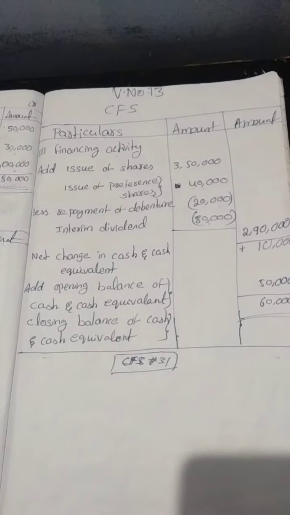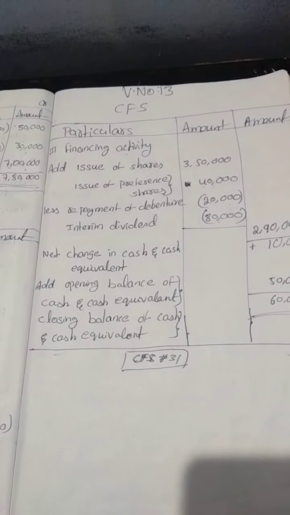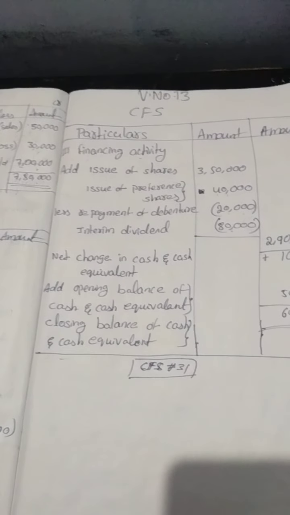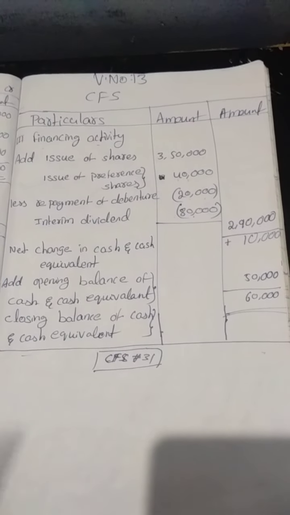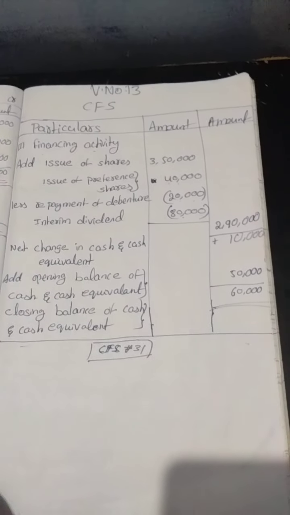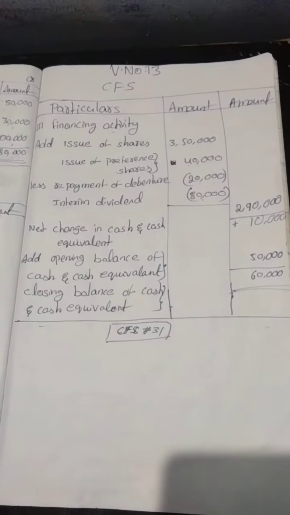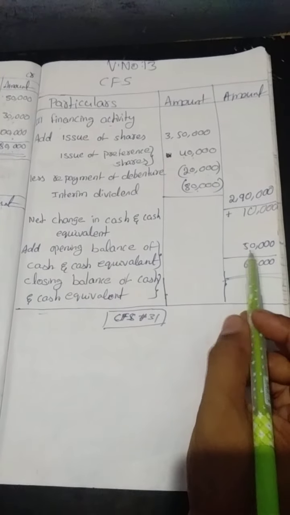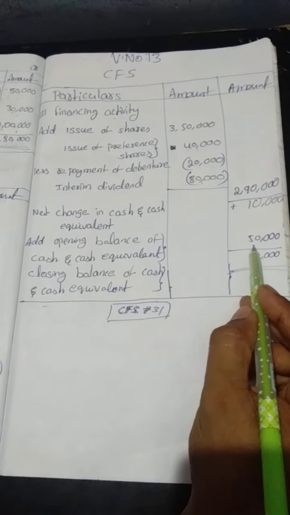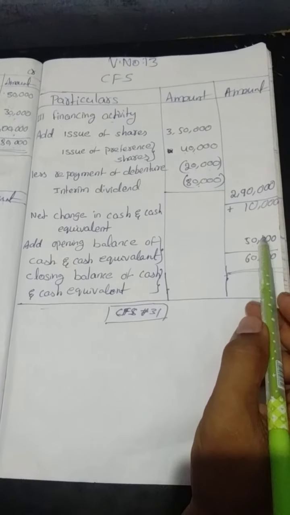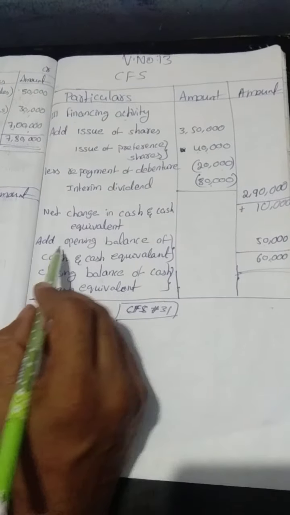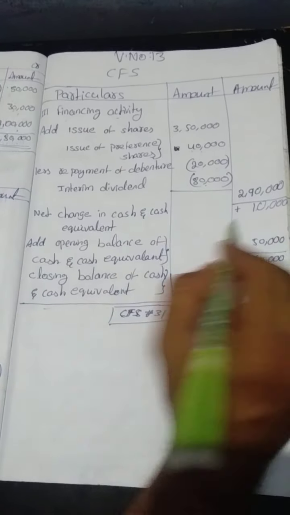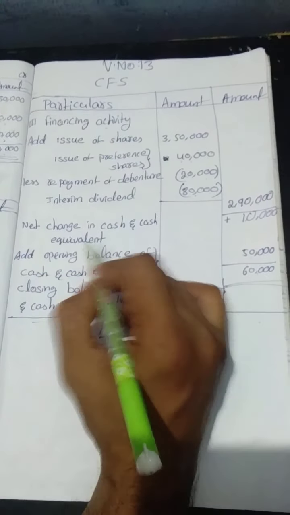In order to check the answer, we have one way. We take the opening and closing balance that we already saw. The closing balance was given in the question as 60,000, and the opening balance was 50,000. To check this, we add the opening cash and cash equivalents to the net change in cash and cash equivalents.